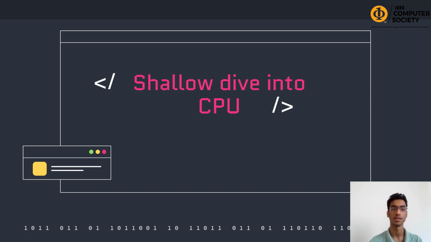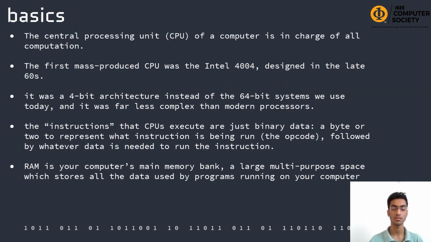So let's begin. The central processing unit of a computer is in charge of all computations. The first mass-produced CPU was the Intel 4004, designed in the late 60s.